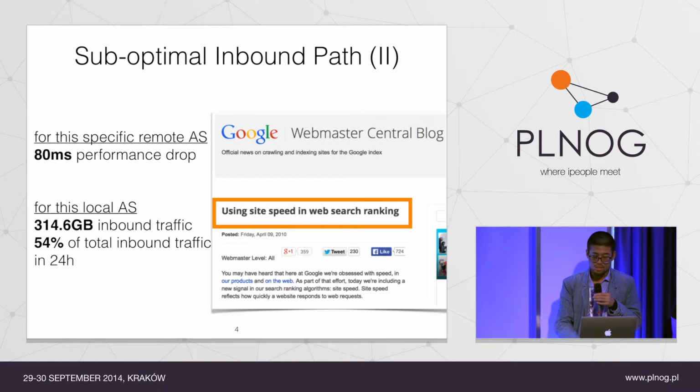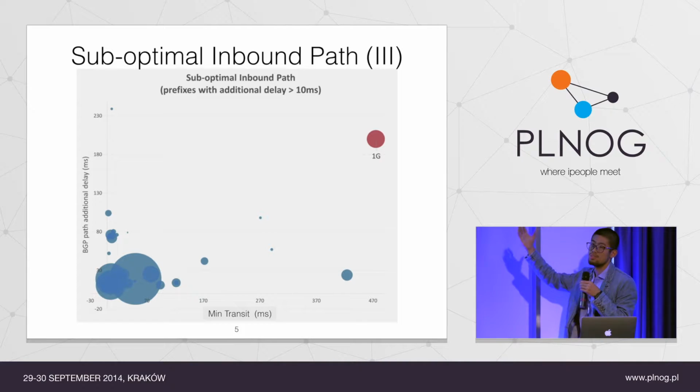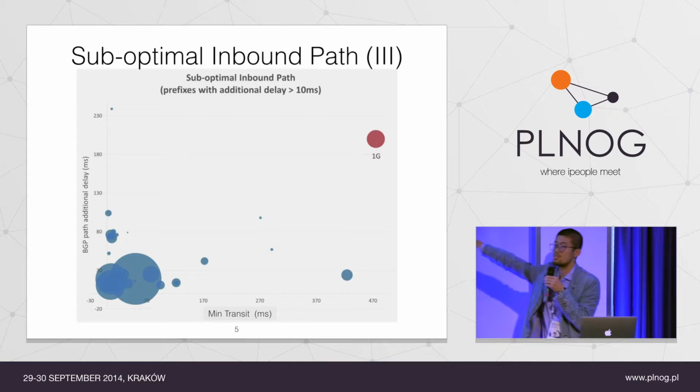So let's have a more tangible feel about how big this problem is. In this graph full of bubbles, each bubble is a remote prefix that has a problem of suboptimal incoming paths, and the additional delay is more than 10 milliseconds. Only the prefixes of more than 10 milliseconds delay are presented here.